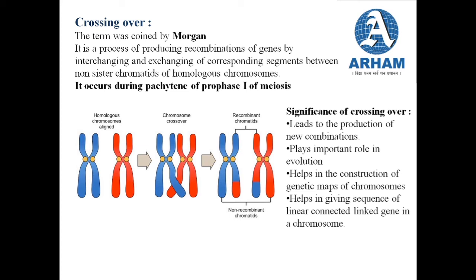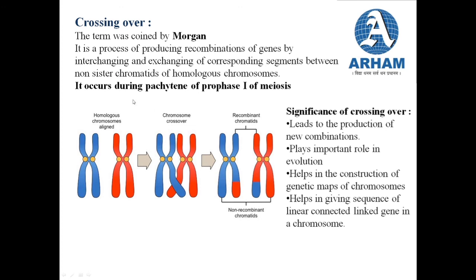At the chiasma, the non-sister chromatids break, exchange their segments and rejoin, resulting in a crossing over. As you can see, they break and exchange their segments. So that is what crossing over is: the process of producing recombination of genes by interchanging the corresponding segments between the non-sister chromatids.